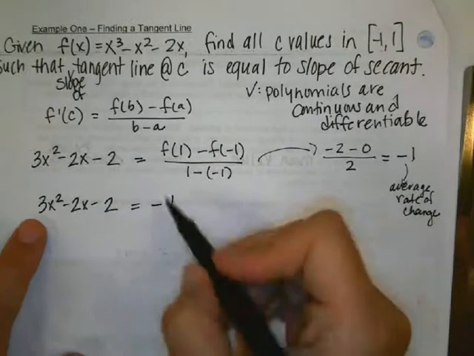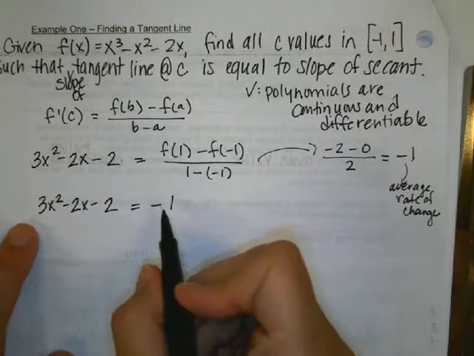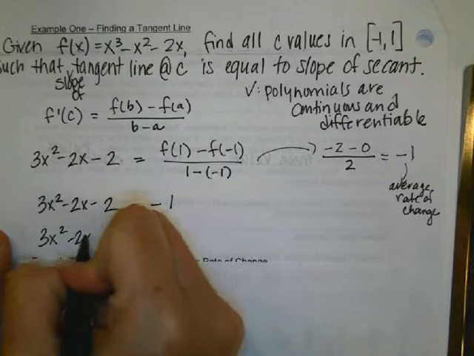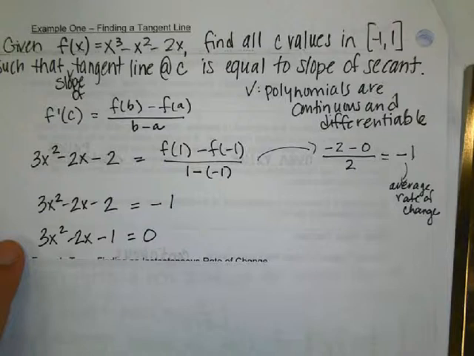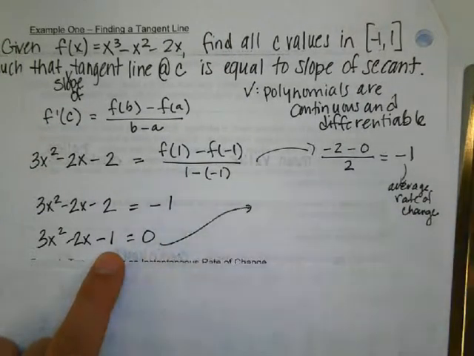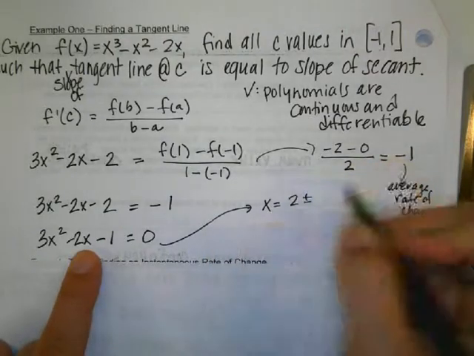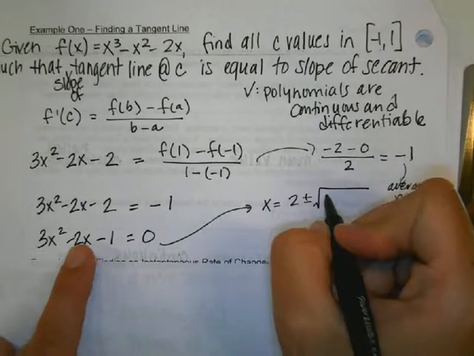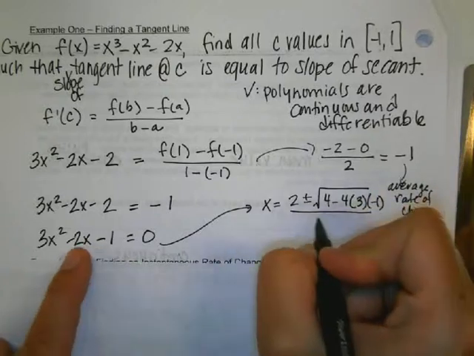And then I'm going to solve it. I have a quadratic, so I can either use the quadratic formula or I might be able to factor it. I'm going to add 1 to both sides. And this one is factorable, but I'm going to use the quadratic formula. So x is going to equal 2 plus or minus square root of 4 minus 4 times 3 times -1 all over 2 times 3.